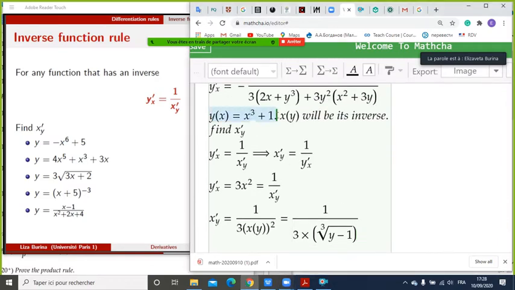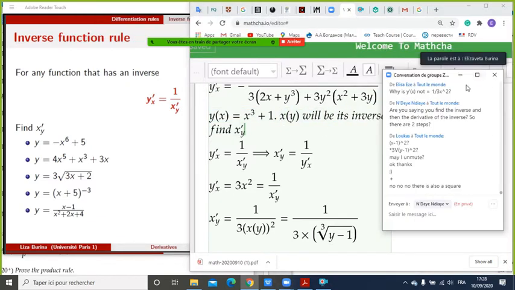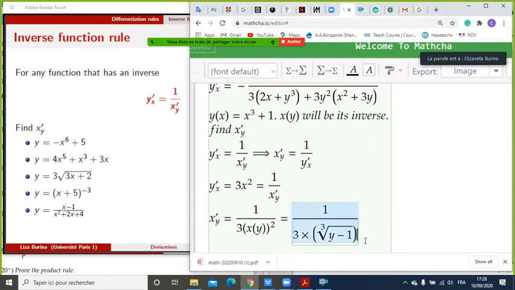So, let's go back. There is a function. It has its inverse. And what we want to find is, there is also a square, yeah, I just put parentheses. I prepared it to have a square here. Okay, perfect. So, if I express x in terms of y, it will be the inverse, and I will be easily able to find the derivative of this inverse function.